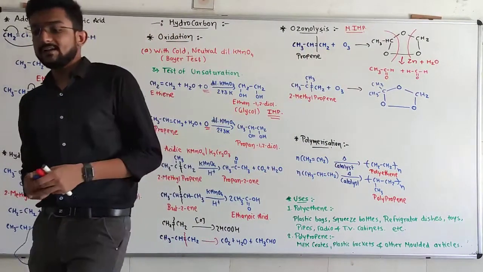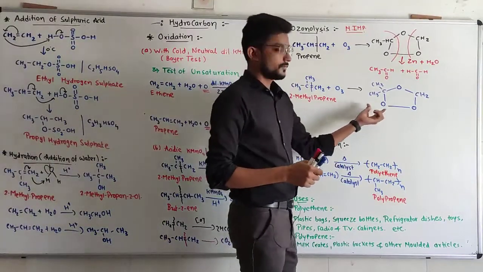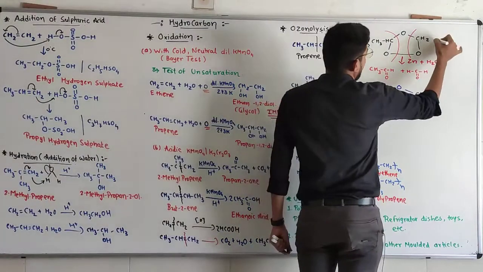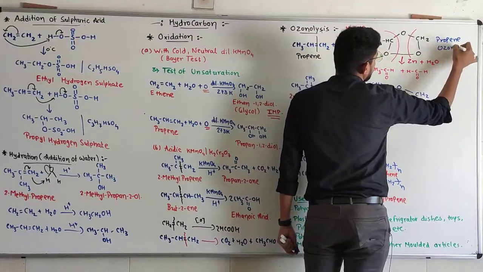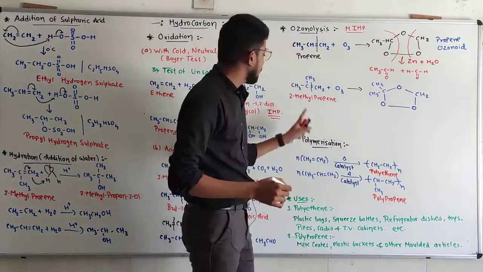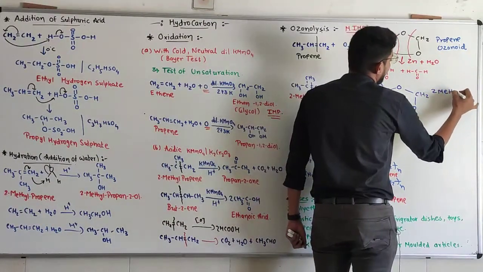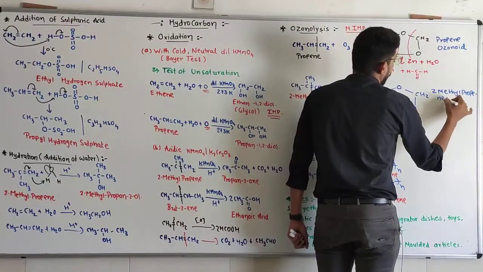Okay, so that was the compound that is formed by the ozone. Now the middle compound that is formed over here is known as the ozonide. We had propene, that's why this is known as a propene ozonide. Here we had 2-methylpropene, so that's why it is known as a 2-methylpropene ozonide.